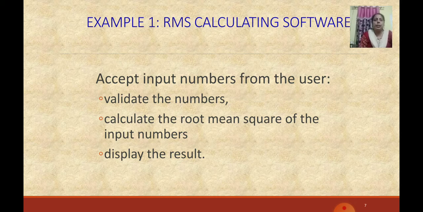First it will accept the 3 numbers, then validate the numbers, means it will check that the numbers are between minus 1000 and plus 1000. Then it will calculate the root mean square using the formula, then it will display the result. These are the 4 functions in the next level.